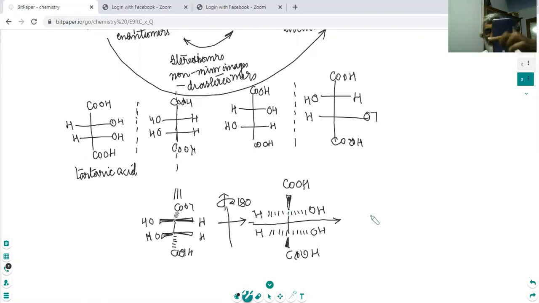Suppose you have this axis, this way you have to rotate. Can you see this? Out of plane. This is the axis, and this is the molecule. Now rotate it to the front like this. Just draw the structure.